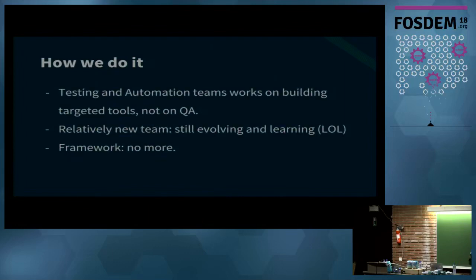But if you read the description of my talk, it said something about telling you the story of building a framework inside CoreOS. And that is no longer true, because we did start building one for testing and automation. But as I said, the team is new. So we're still learning a lot and evolving, and with learning is like screwing up a lot.